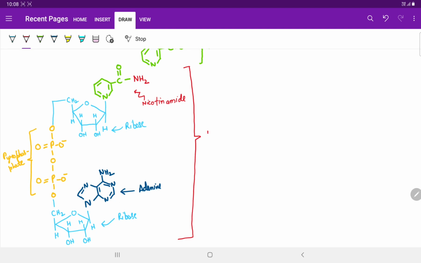Students, this is the complete structure of NAD plus, known as nicotinamide adenine dinucleotide.